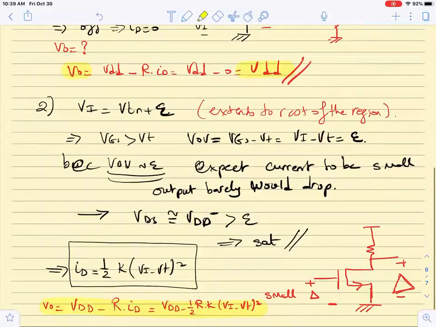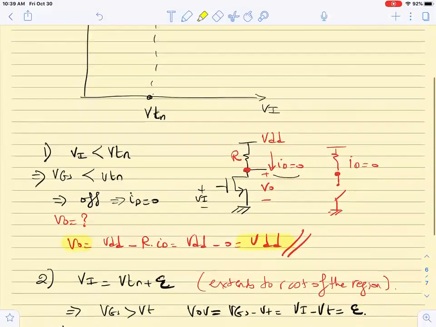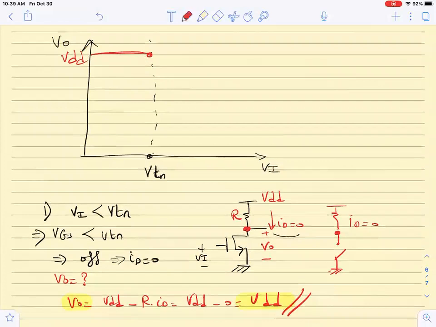Great. So we are seeing that the output is starting to drop and its drop is proportional to (Vn minus Vt) squared. Okay, will this be in saturation forever? No, because what is happening to the output now? The output is now going down. Okay, and eventually it's going to reach a certain point where the output is small enough.